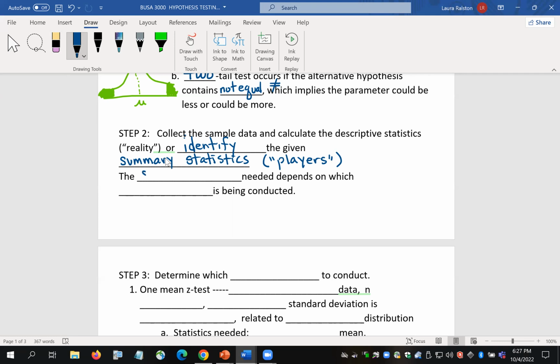The summary statistics that you need depend upon which test is being conducted. And we're going to look at a variety of tests.